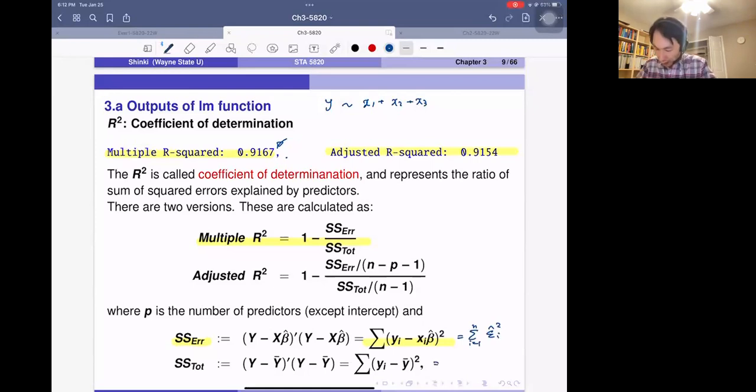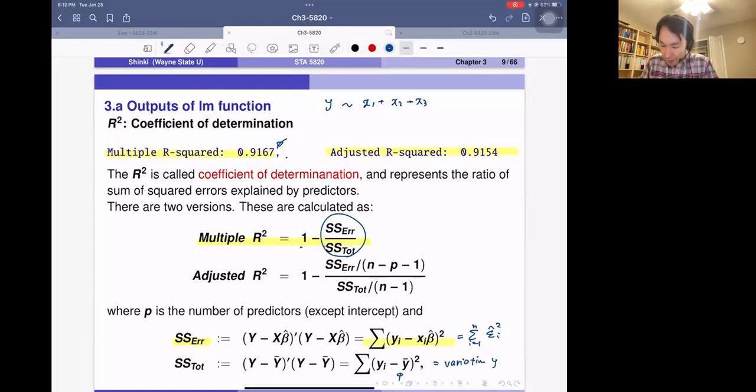And SS total is just the total variation in y, almost the variance of y. If we multiply by 1 over n minus 1, this becomes the variance. So this is the variation of y. If we take the ratio, this is the percentage of the variation in y which is not explained by x.